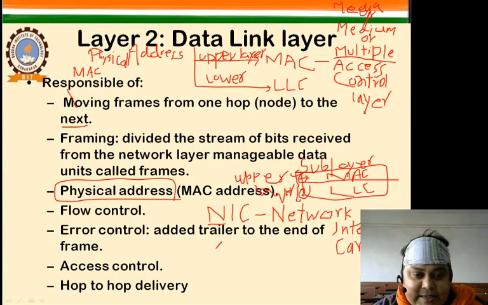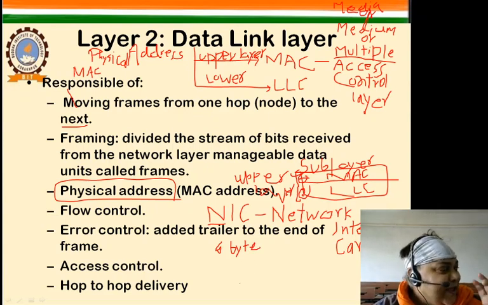This NIC address is 6 bytes, and you know 1 byte contains how many bits? It has 8 bits.